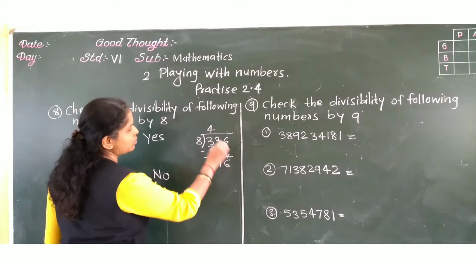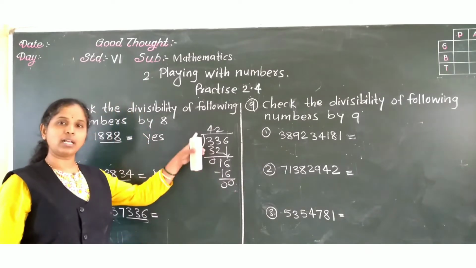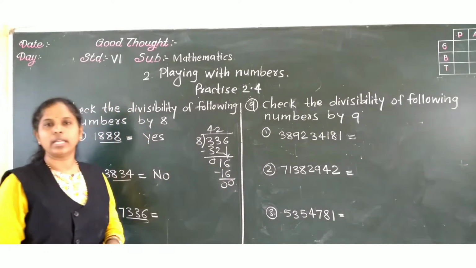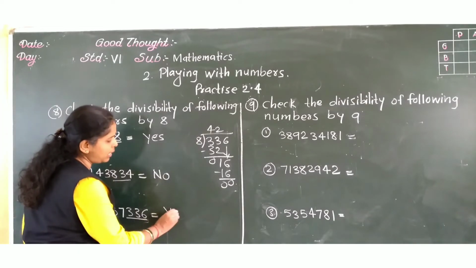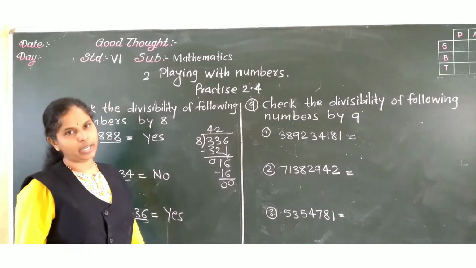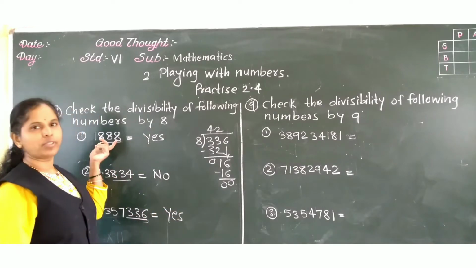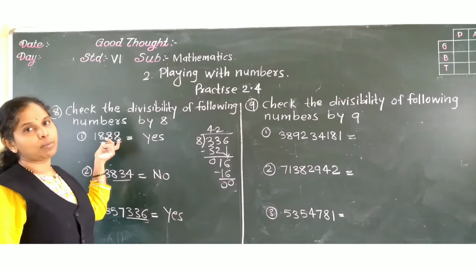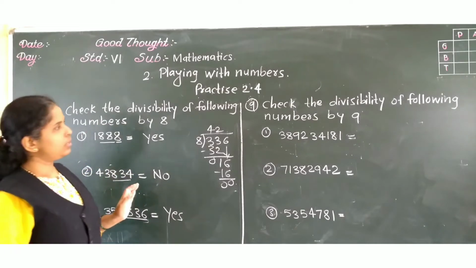Take 6 down. 8 twos are 16. Means we can completely divide it by 8. That's why the given number is divisible by 8. Okay? Understood the test for it? Last 3 digits of the number. If divisible by 8, then the whole number is divisible by 8.